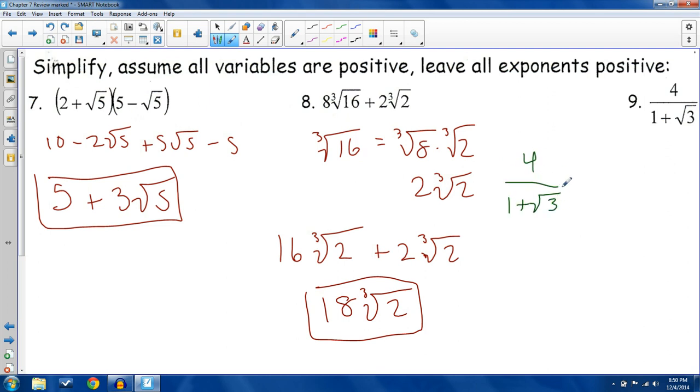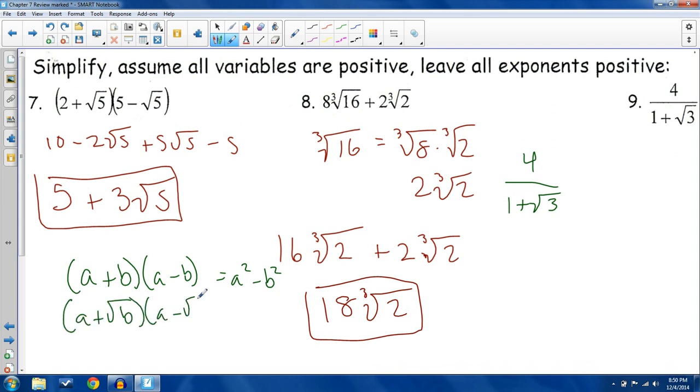The way to go about this here is you need to find, well, here, I'm going to start by writing this. Check out over here, a plus b times a minus b is a squared minus b squared. Notice how perfect squares absolutely come out of here, and any inside fluff gets canceled out. On that same token, a plus root b times a minus root b becomes a squared minus square root of b squared, which is b.